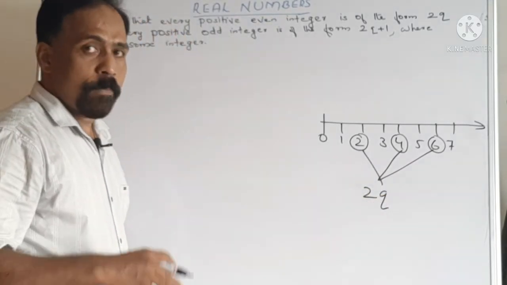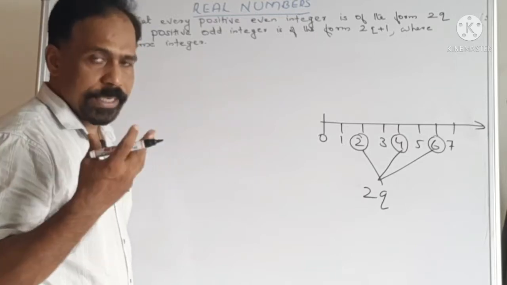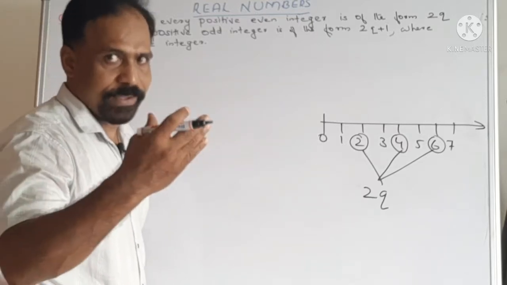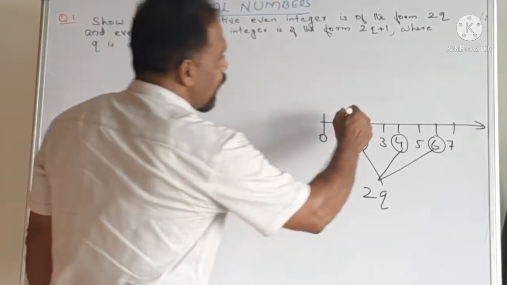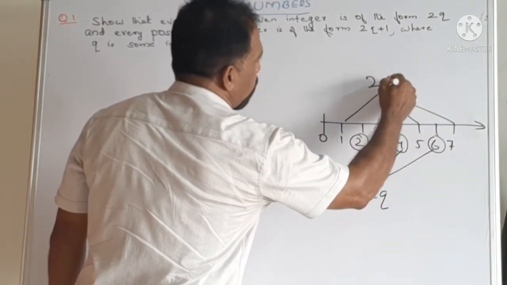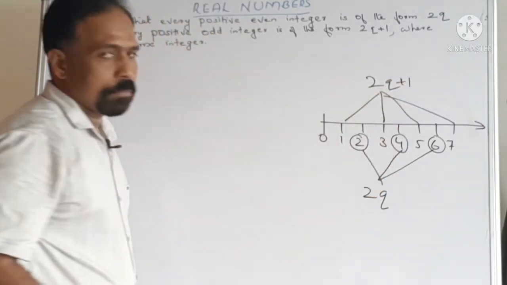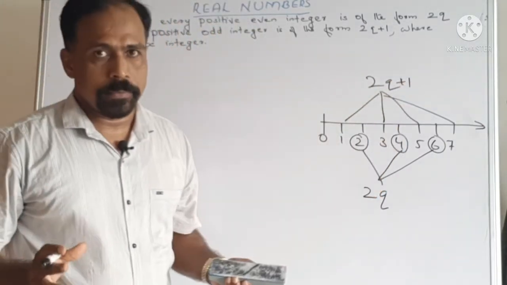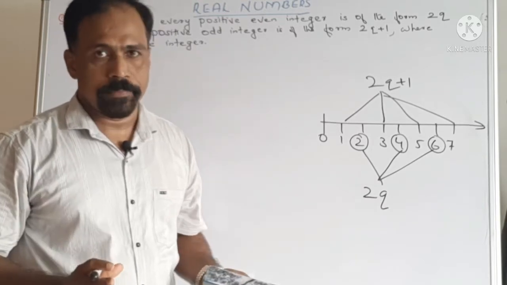And all positive odd integers are 1, 3, 5, 7, etc. They can be expressed in the form 2q plus 1. This is what we have to prove. First of all, understand this question.